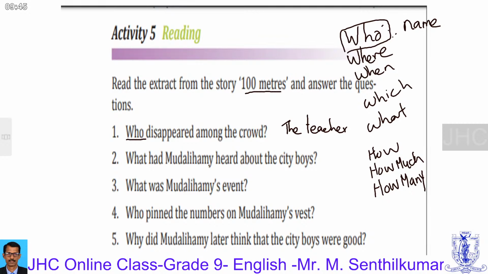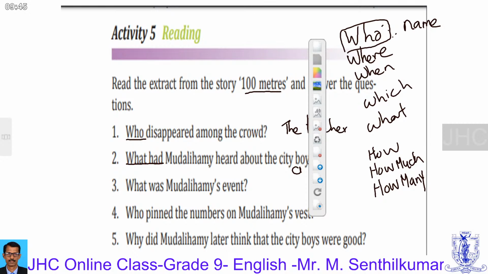Okay? What had Mudalihami heard about the city boys? What? They are going to give a reason. What Mudalihami heard about the city boys. What did he hear? You have to do it. And they are a bit arrogant.